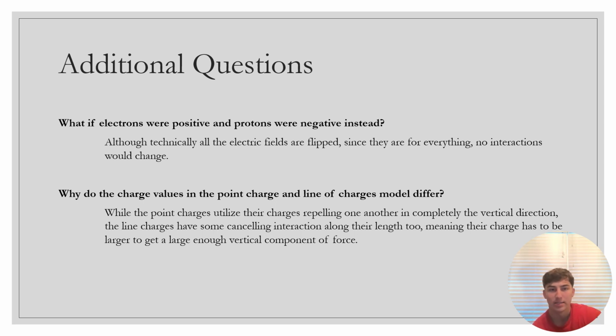And so since some of our charge is wasted in the left and right direction, we actually have to have a higher magnitude of charge to give us enough vertical component to make the tape float. So that's why the line of charge model will have a higher magnitude.